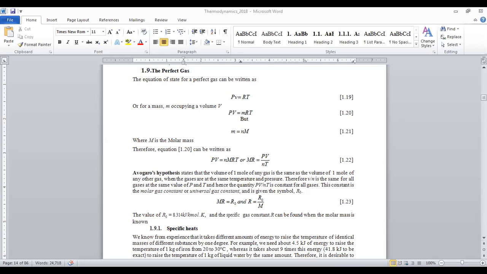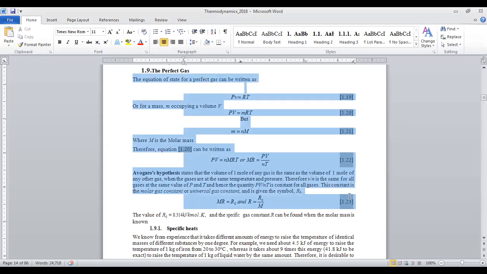I just put it here, but please take note that you have to explore this perfect gases. That is your task. You are supposed to explore.